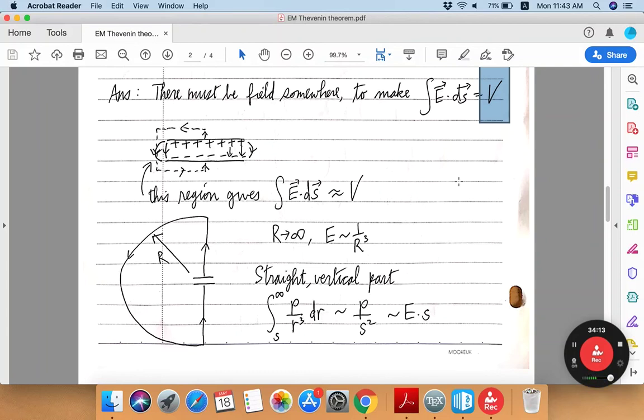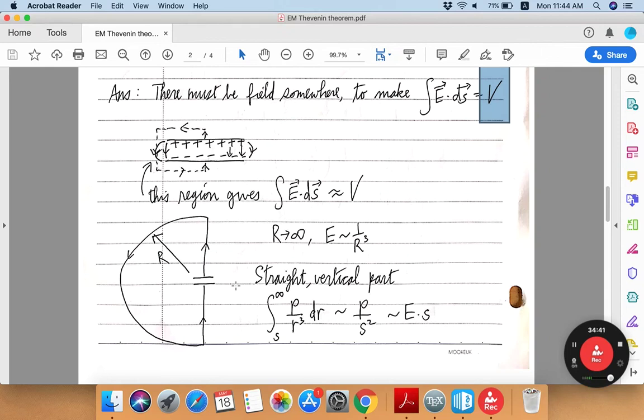So the point is that whether you choose a very, very tiny integration path like this, or a very, very huge integration path like this, in either case, the consequence is that you will always pick up the same value, equal to the voltage difference for the line integral of the electric field.